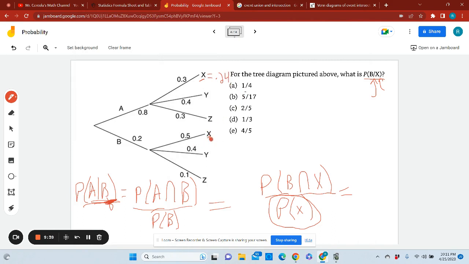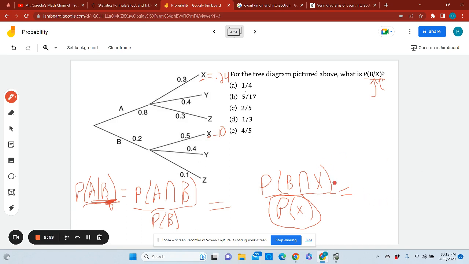And then the other way that X can occur would be if B happens first, and that's going to happen 20% of the time, and then half of that 20% of the time, X will then occur after B has occurred. So 0.2 times 0.5 is going to be 0.10.